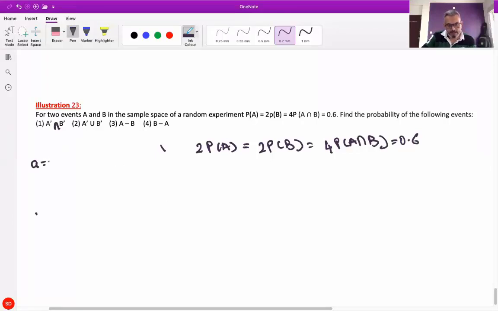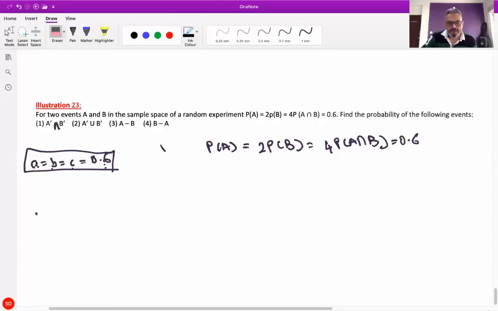See, if A = B = C = 0.6 is given, then I can say A = 0.6, B = 0.6 and C = 0.6. Wait, this is only P(A). So if it is given like this, A = B = C = 0.6.